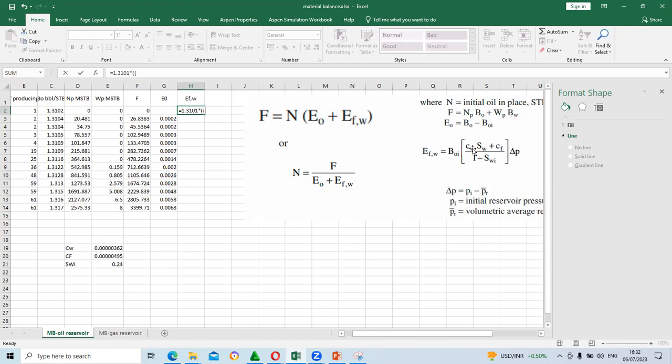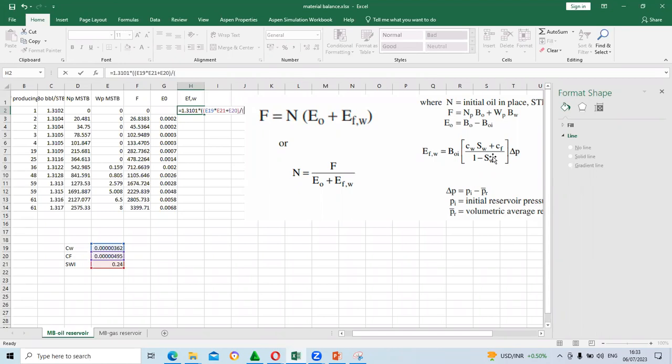Then we have our CW times SW. We'll use this formula plus CF, that's our CF. We close the second bracket, then we take divided by. We want to put all of this also in a bracket.